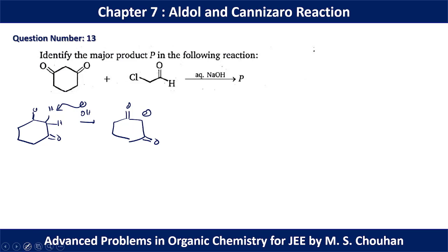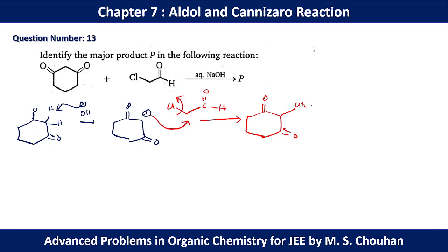This will be the negative charge. Now Cl, C=OH, this negative charge will approach this carbon and chlorine will be eliminated from the system. So CH2, C=OH, the final situation.